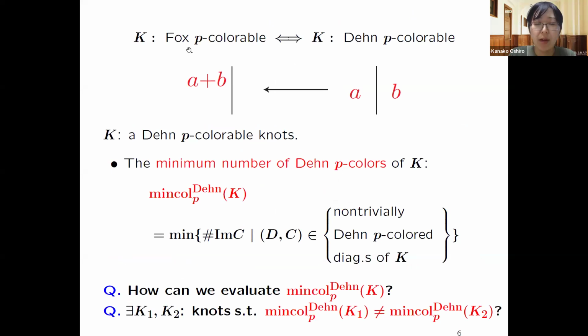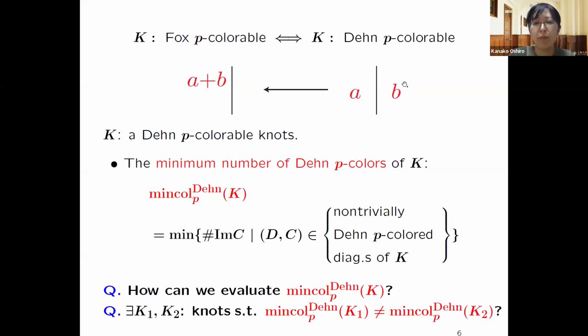And actually there exists a correspondence between Fox colorings and Dehn colorings. The correspondence is given like this. When we have the Dehn coloring, by taking the sum and giving the sum to the semi-arc, like this, we have a Fox p-coloring.